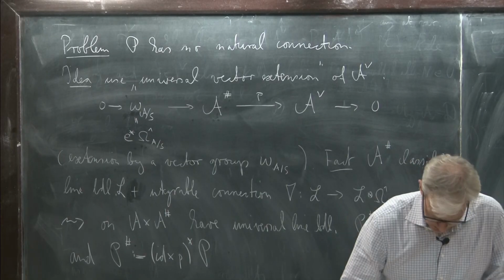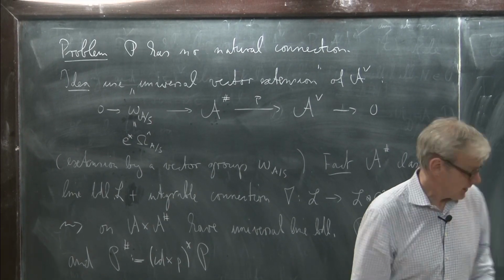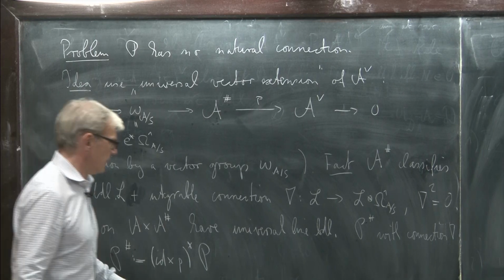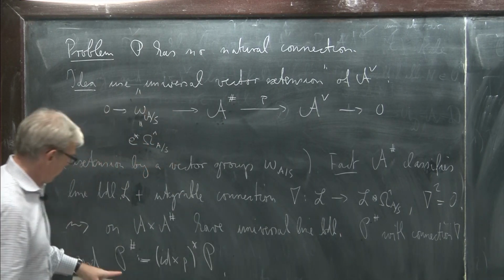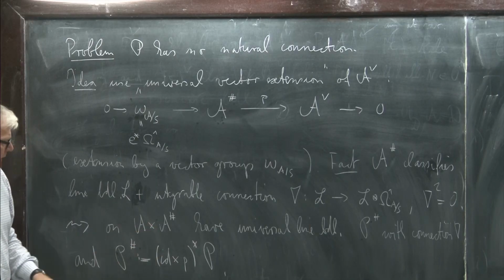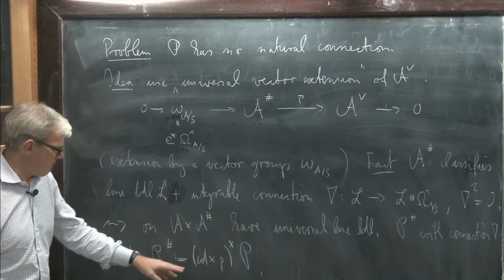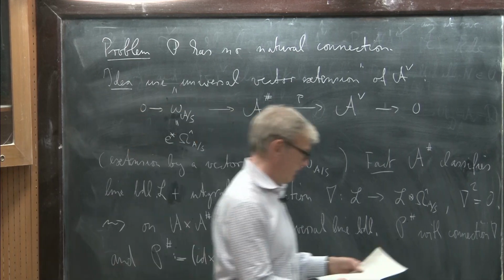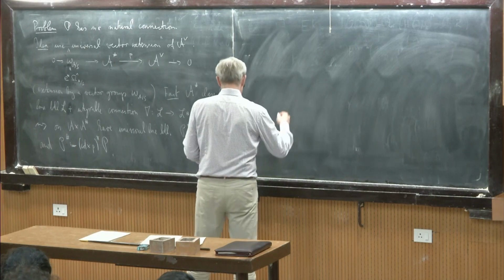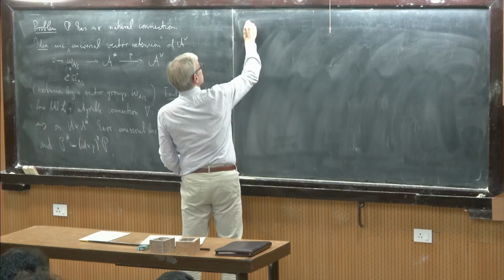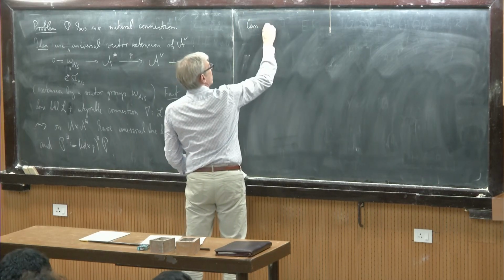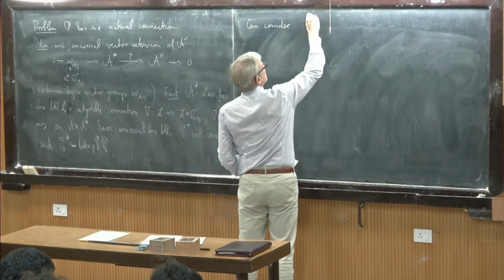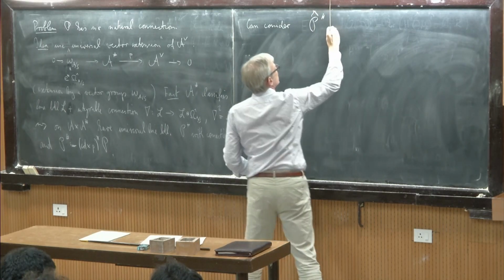But first, we have to consider the following. So now with this line bundle, we can play the same game as we did for P. So we can consider the formal completion of this.